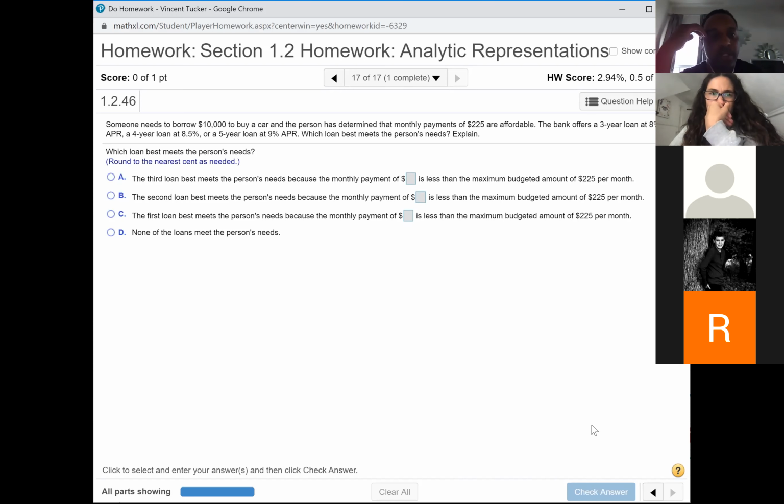So if you look at the wordings, you can either click A, the third loan meets the person's needs because the monthly payment is less than $225. You won't know it until you actually calculate what the monthly payment would be. The second loan meets the person's budget, or the first loan meets the person's budget, or it's possible neither one of them meets the person's budget. So if all of them exceed 225, then the answer would be D.